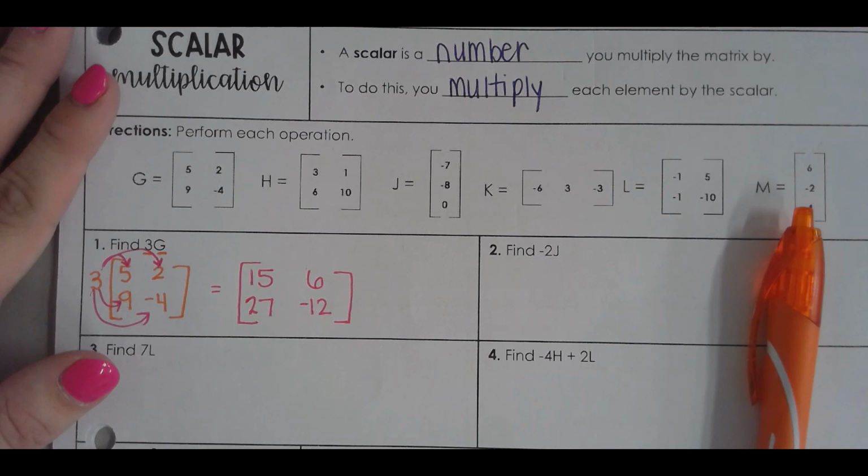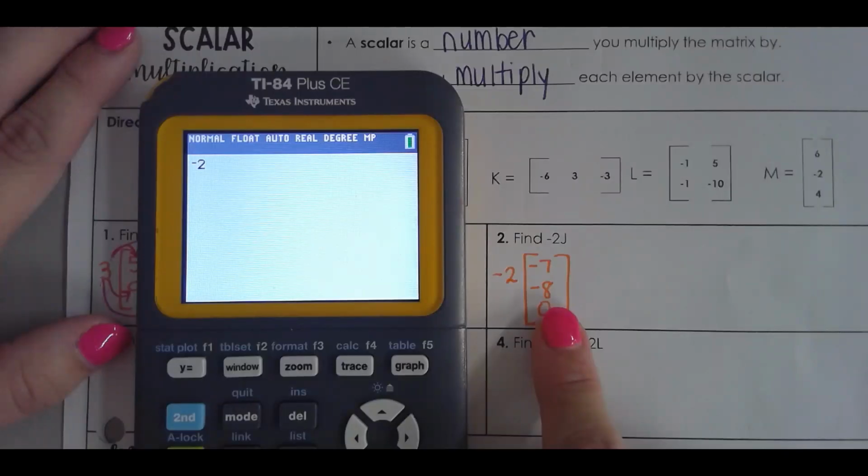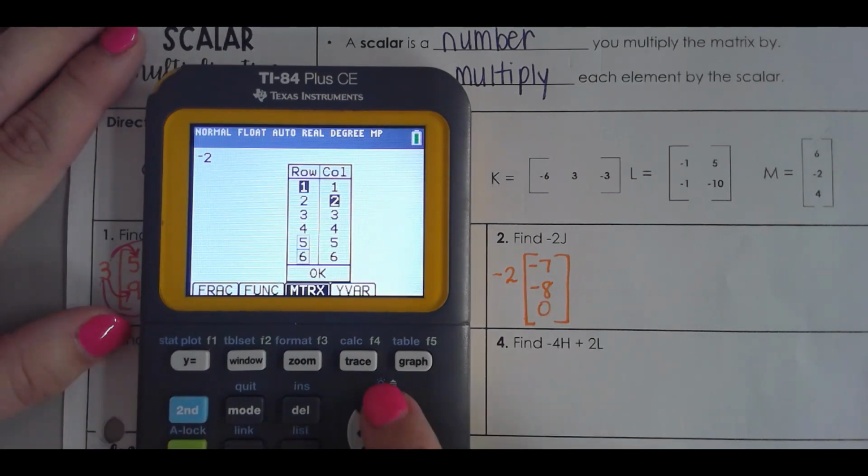And you can just type that in the calculator as well. Negative 2J. It would be a lot faster for me just to do it than to try to type it in the calculator, but you still can. Negative 2, and the button to get to a matrix is Alpha, green button, zoom.